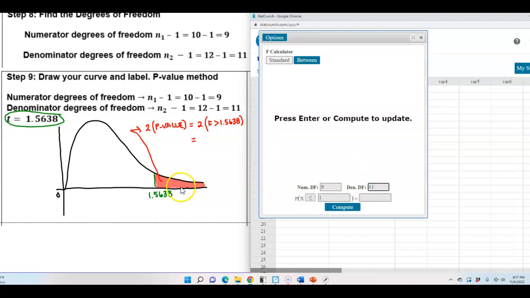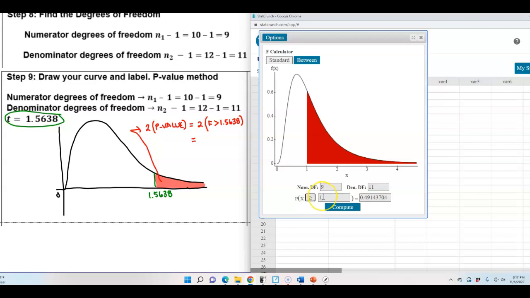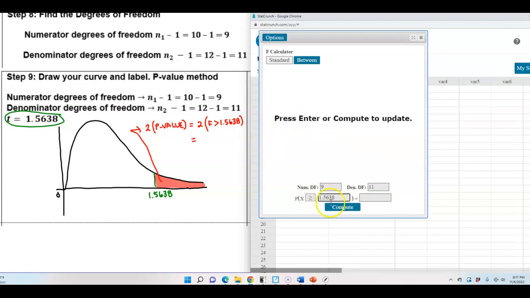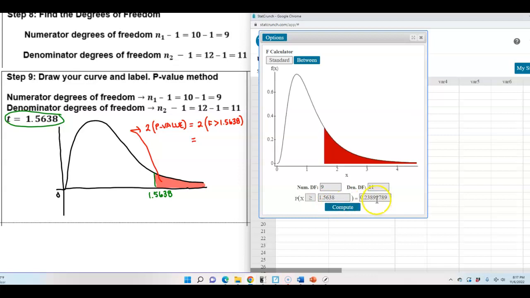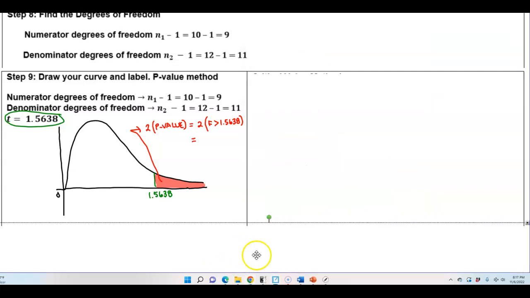Now we want to find the probability to the right, so we want to make sure it's greater than. Then we put in our test statistic of 1.5638. And so we end up getting 0.2389.